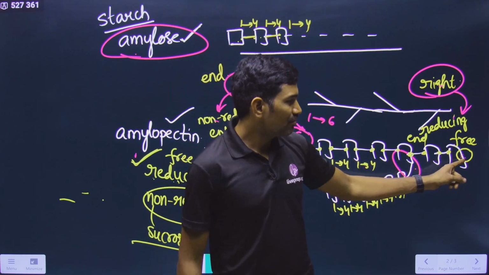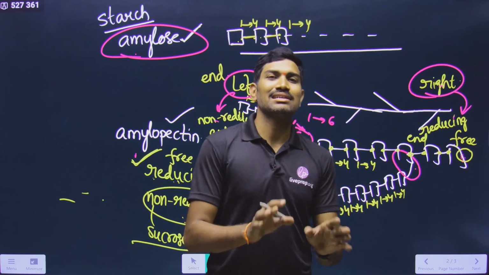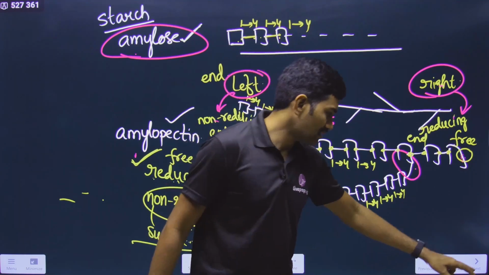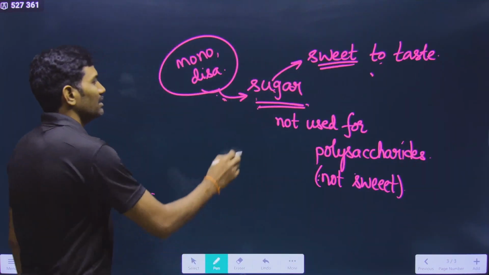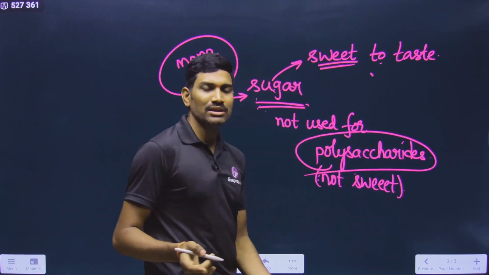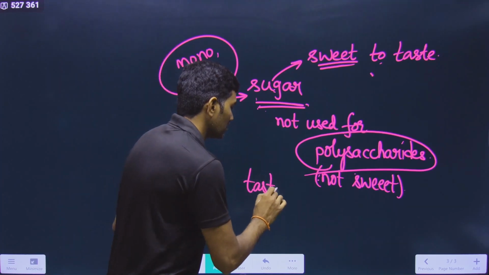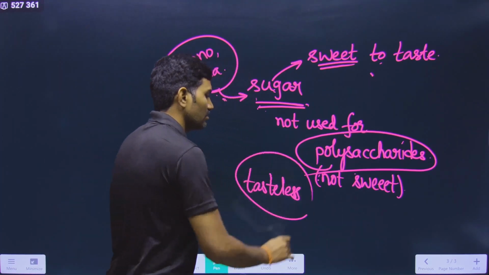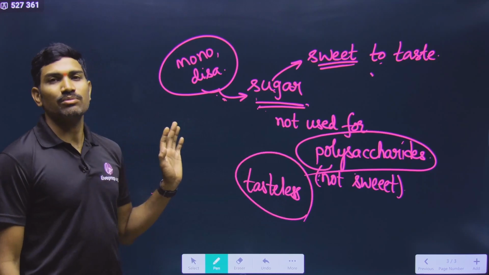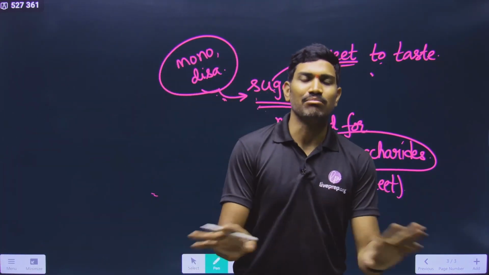Even though it has a free carbonyl group at this particular end, the polysaccharide is still considered non-reducing. That's it. And polysaccharides are not considered sugars because they are tasteless. This is one important point that you need to remember. With this, the entire information from the NCERT is completed.